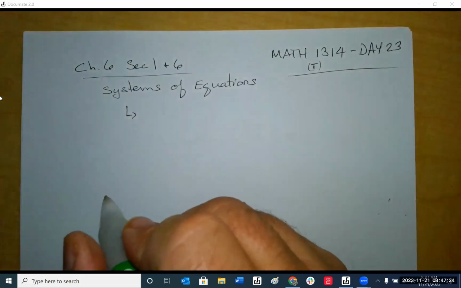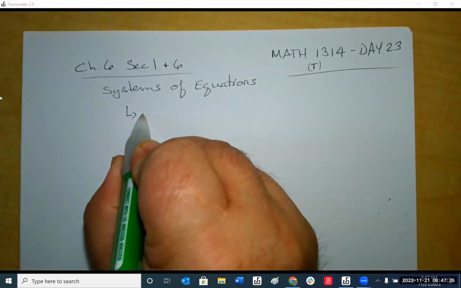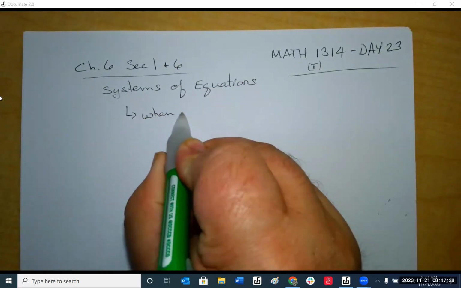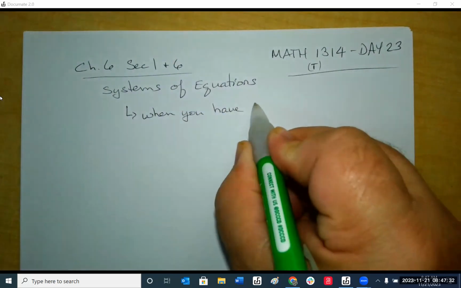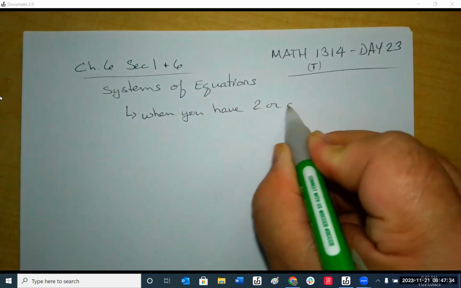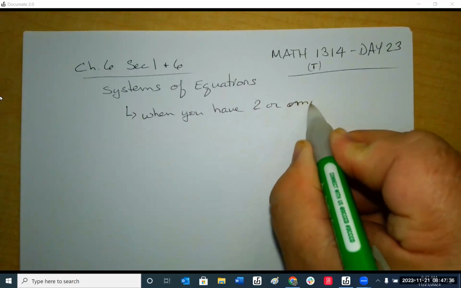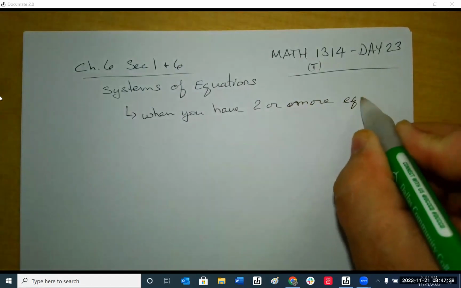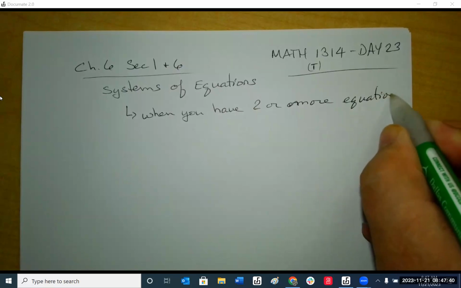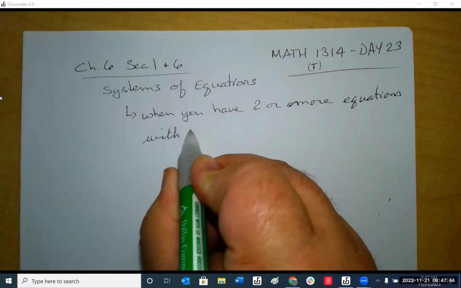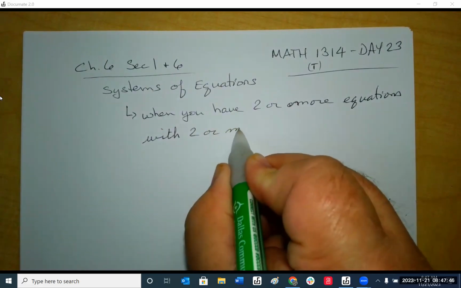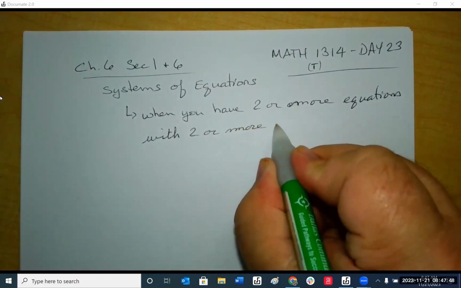A system of equations is when you have two or more equations with two or more variables.